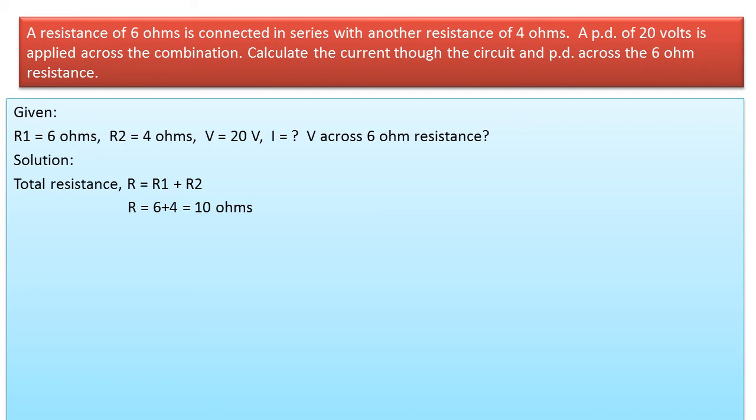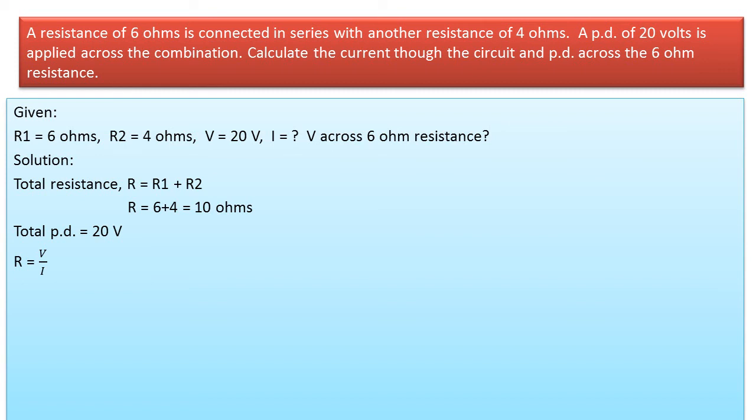And they have told you total potential difference of the circuit, that is 20 volts. So if you know total resistance of the circuit and total potential difference of the circuit, can you find out current flowing through the circuit? Yes, for that we have to use Ohm's law.